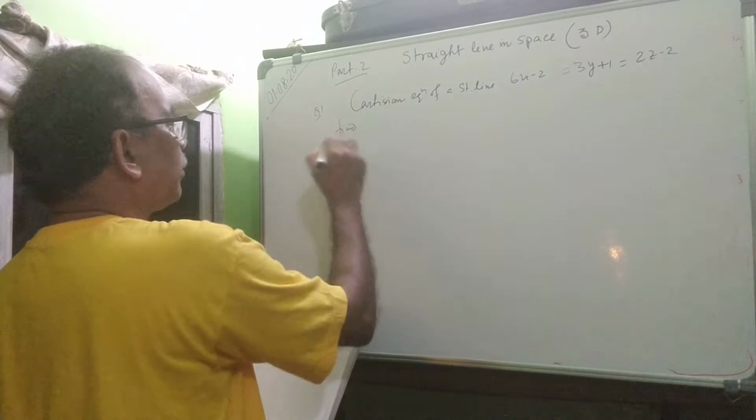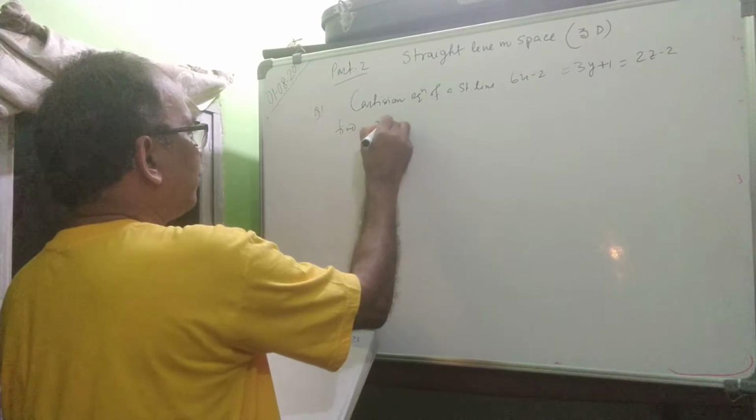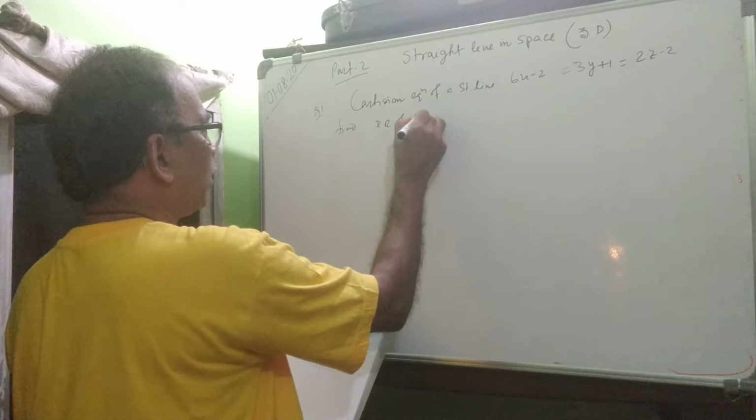Find A: the direction ratio of this line.